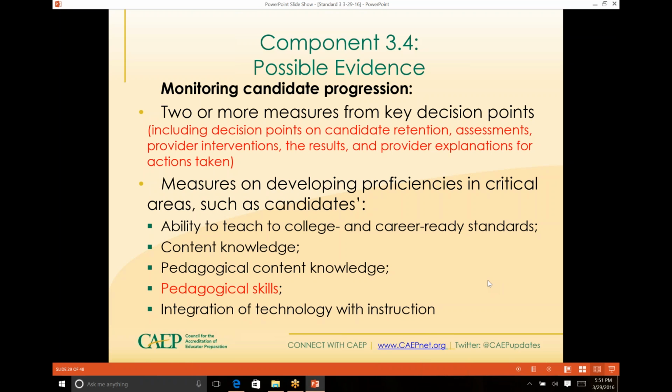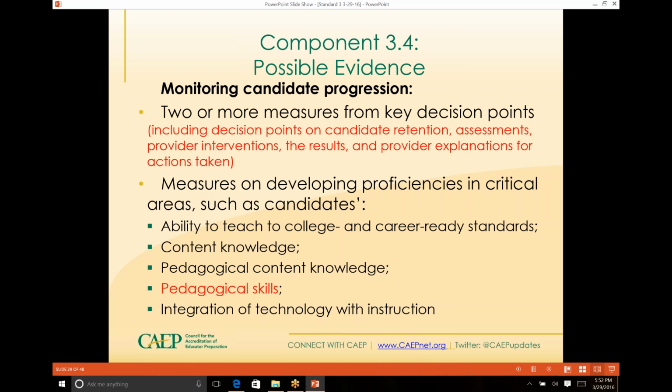And then it measures whether the proficiencies that the candidates are demonstrating are actually developing over time. So you're looking for their ability to teach to college and career-ready standards over time. This is directly related to CAEP Standard 1, Component 1.4 in Standard 1. Their content knowledge, CAEP 1.1.